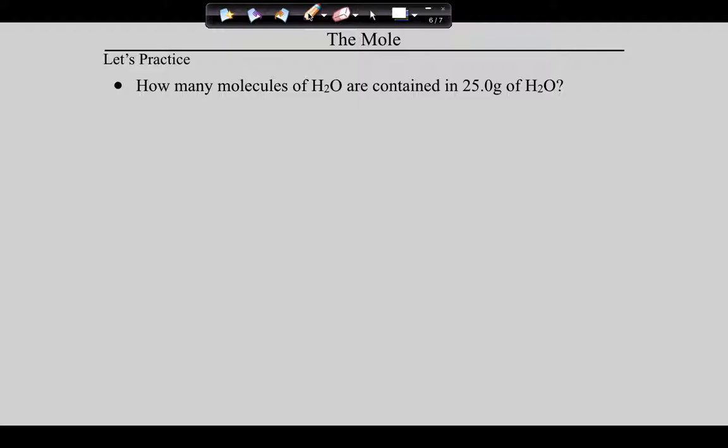What is our goal? Molecules of water. And guys, you can simply represent that like this. Waters. You don't need to write out molecules, you can if it's helpful, but it's just waters. How many waters are there? Well, what's our starting point then? 25 grams.